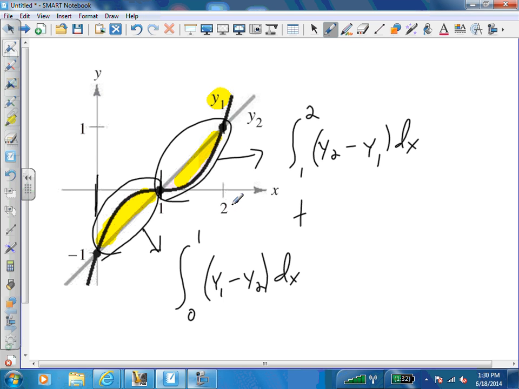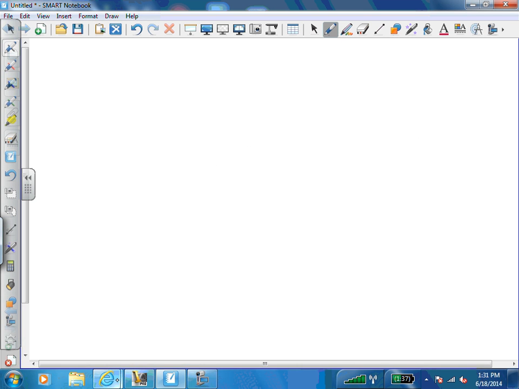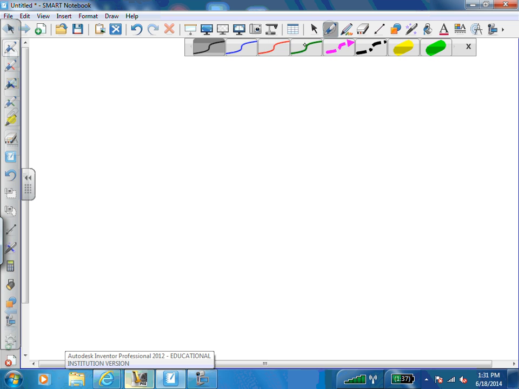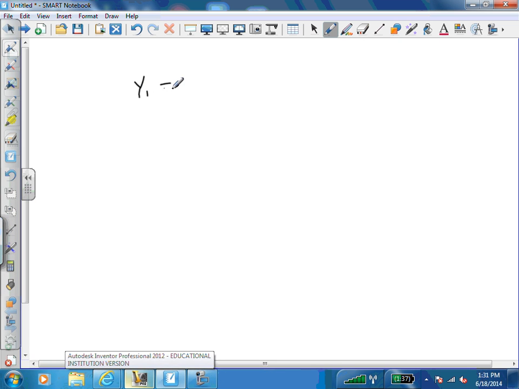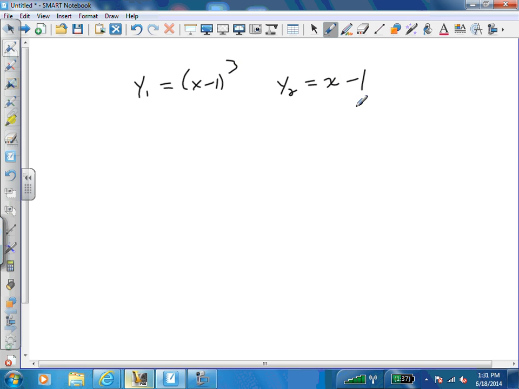Now they said we're not going to work this one out, but they've been nice to us on this problem in that they gave us a graph. But if they just gave us the functions, where y1 is x minus 1 cubed, y2 is x minus 1, and they said to find the area between the two curves, it's a little bit more challenging because then we have to think, well, what do our curves look like?